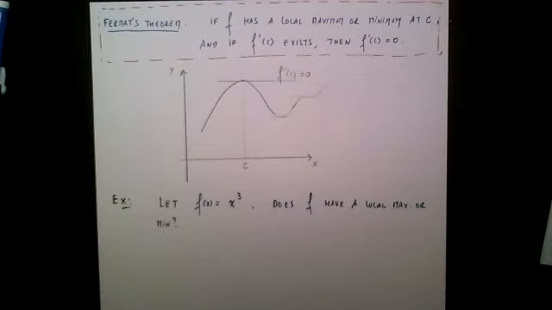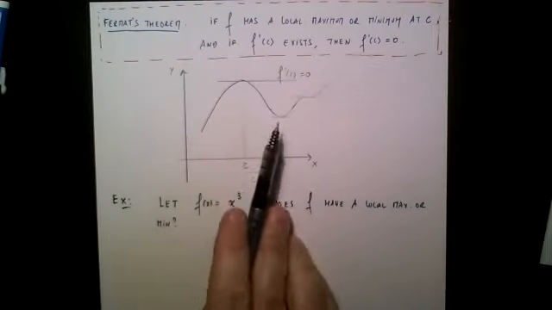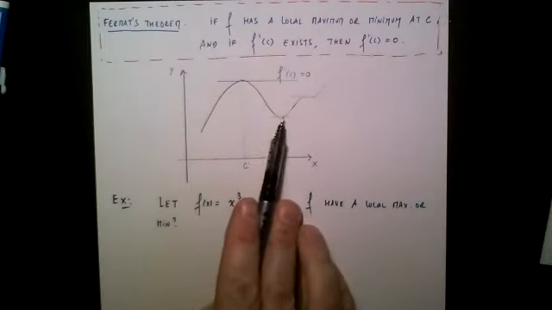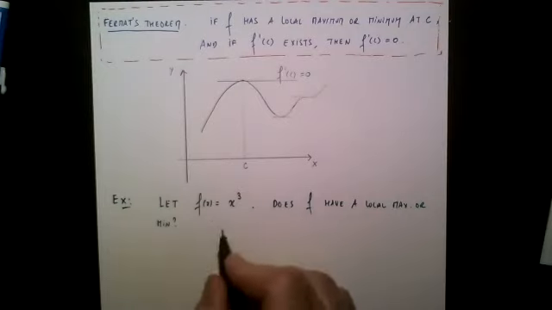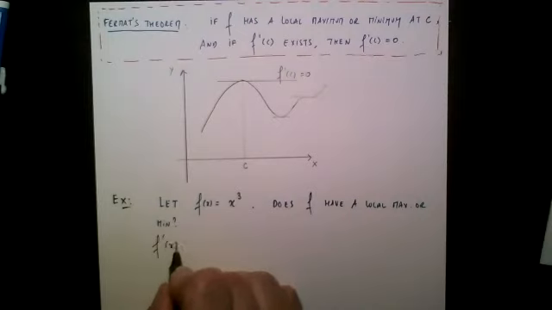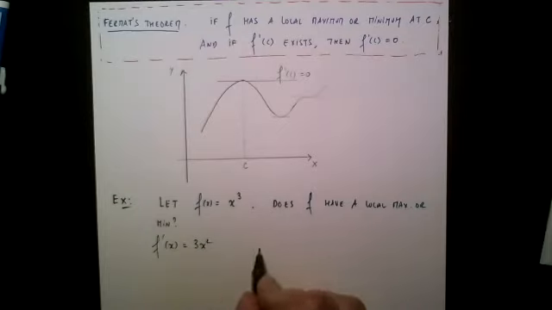I could be tempted to say that every place where there's a max or a min, the derivative is 0, so I'm going to ask for the derivative to be 0. F prime of x is 6x squared. And when is this 0?